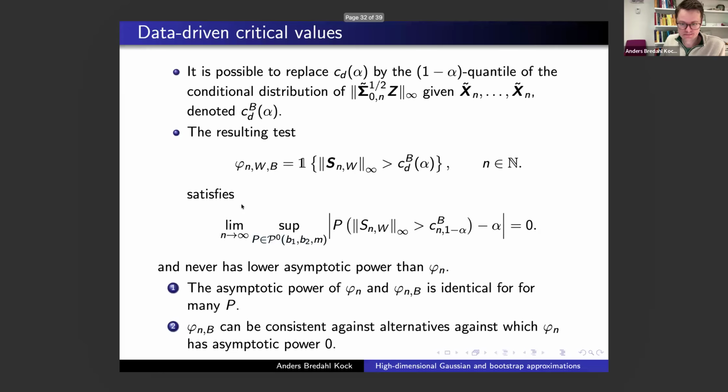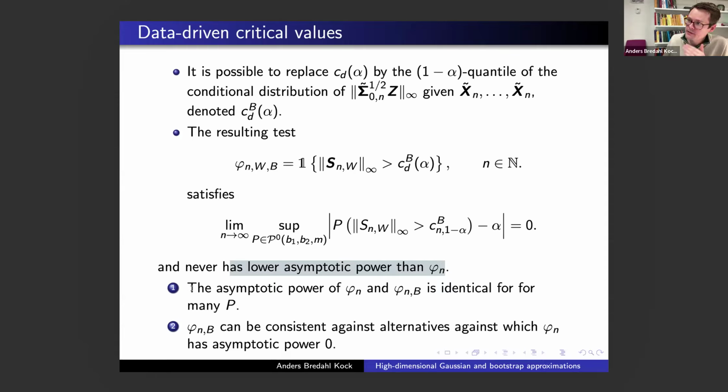And for this sequence of tests here, one can show that it never has lower power than the sequence of tests phi n w I want to write here, namely my sequence of tests based on the winsorized means. In fact, it's also true for the sequence of tests based on plain means, because the sequence of tests based on winsorized means and plain means has the same asymptotic power function. So I never lose anything.